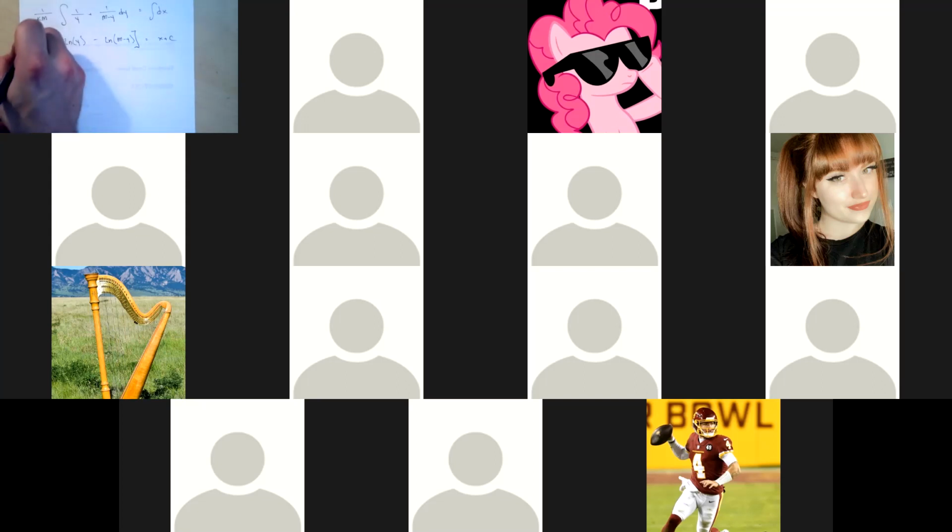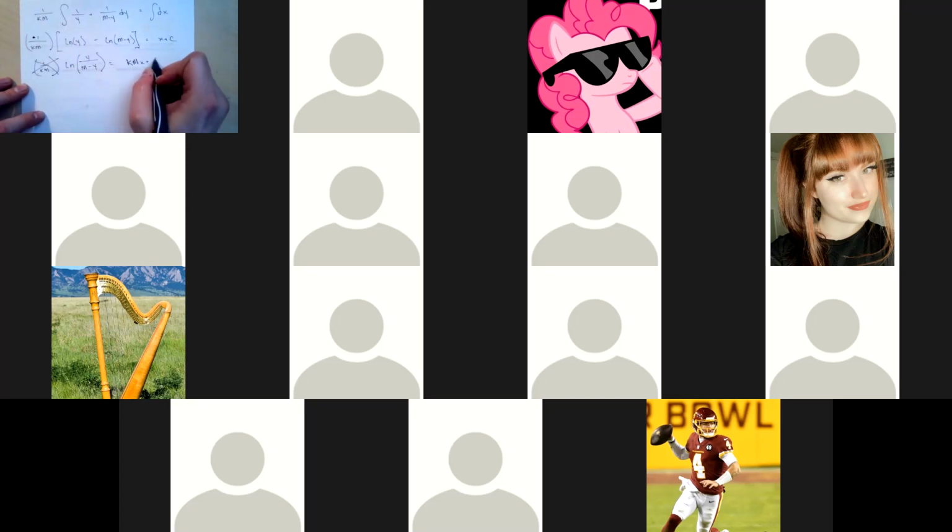Okay, so sorry, that's a positive 1 over km. Didn't have just stray marks there. We'll combine our natural logs. So we've got natural log of y over m minus y is equal to, let's go ahead and move this km over to the other side. So we'll multiply it over.